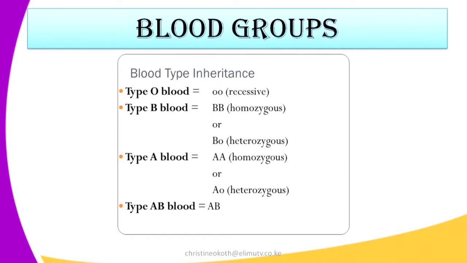An alternative is AO, which is heterozygous. Remember, homo means same and hetero means different. So if it's homozygous, it means that it's made up of the same genes, and AO is made up of different genes. Then we have type AB, which is made of A and B. Both of them are codominant.